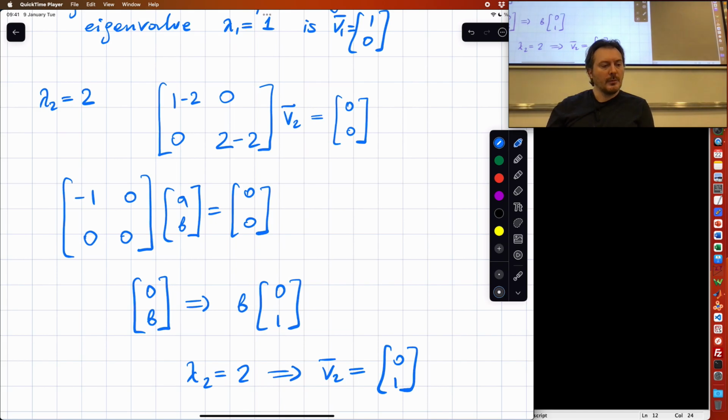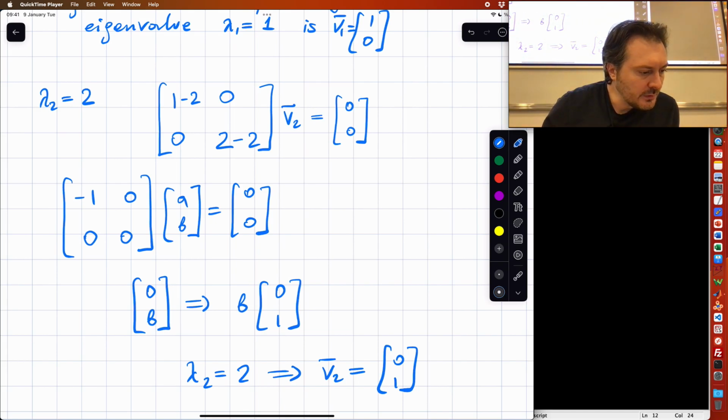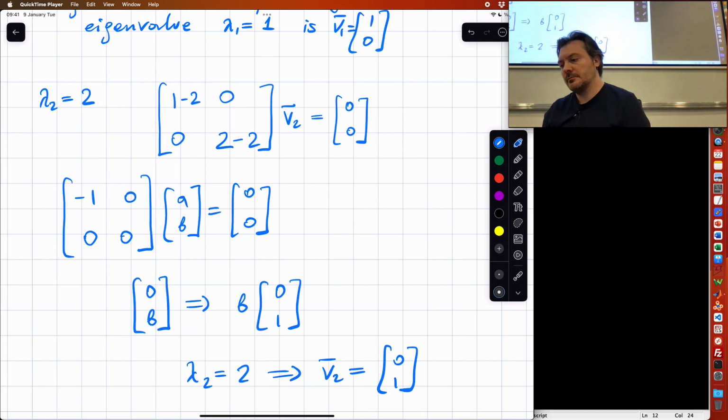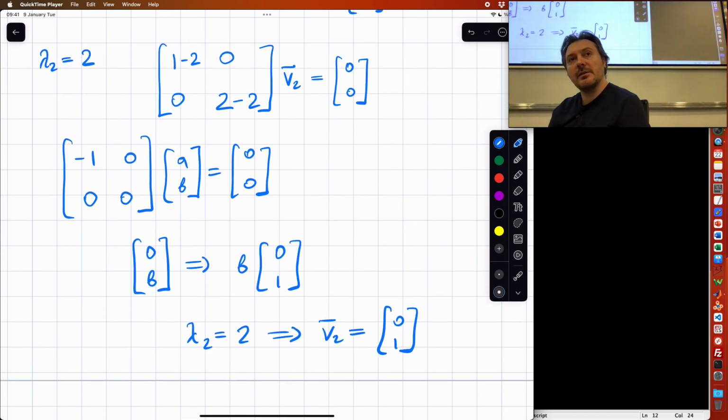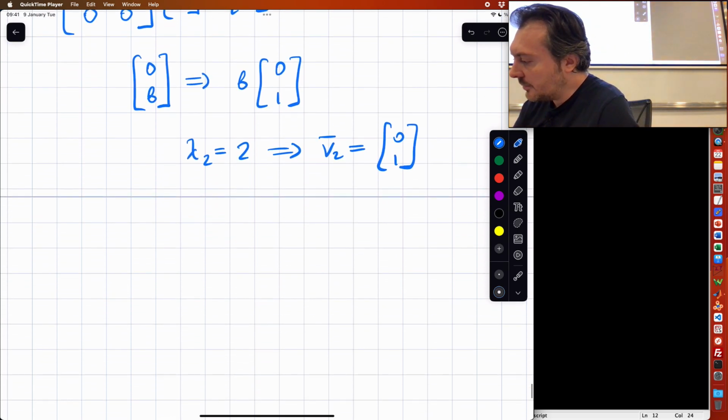Okay? This was an easy example whereby we went from the matrix to its eigenvalues and eigenvectors. Okay? Any questions at this point about this procedure? It's clear, right? Now let's talk about normalization.